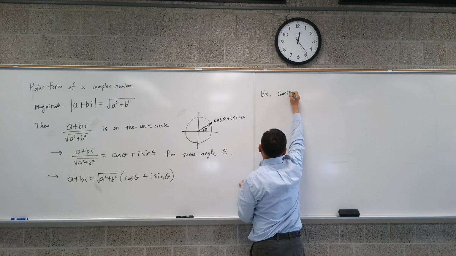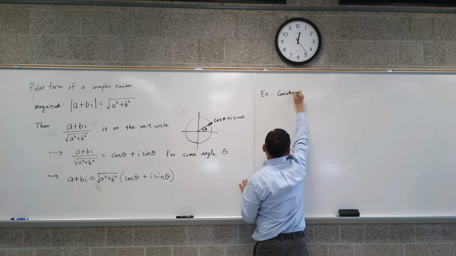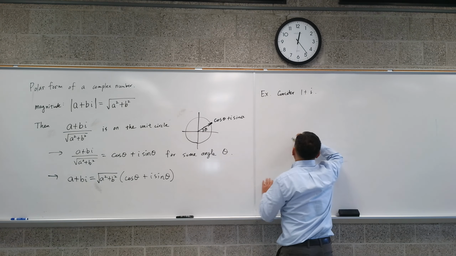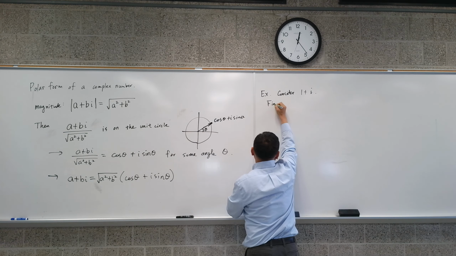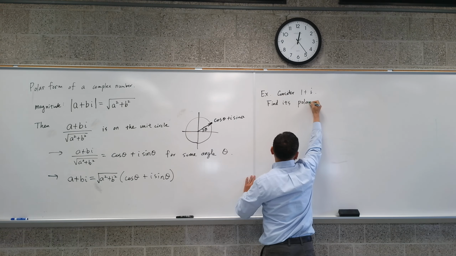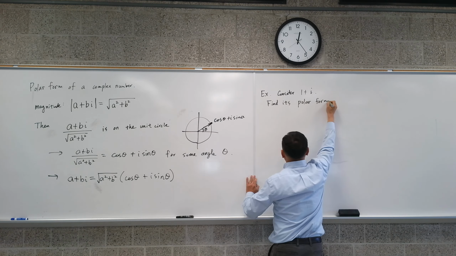Consider 1 plus i. Find its polar form. Oh, sorry, I should have said, this right side is known as the polar form. Writing a complex number in this form is called the polar form.